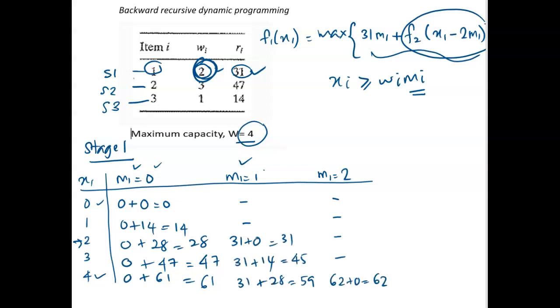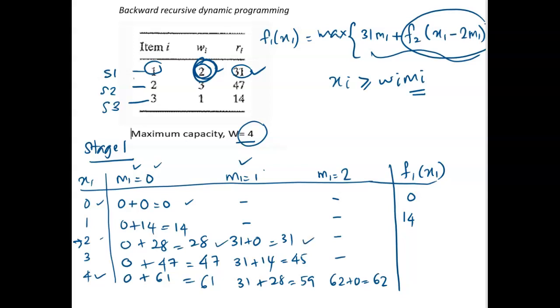Now for the optimal solution, this one for f1(x1). Again, compare, but when x1 equals 0, there's nothing that you can compare, so the value here is 0. Again, when x1 equals 1, nothing to compare, so this is 14. But when x1 equals 2, you compare between 28 and 31.